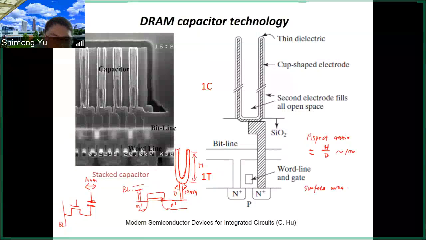This can be up to 100 in today's advanced process. This is a cross-sectional image taken from a real chip under the microscope. It is not the latest technology, but as an example, we are looking at 10 nanometer here, and then 1 micrometer high.